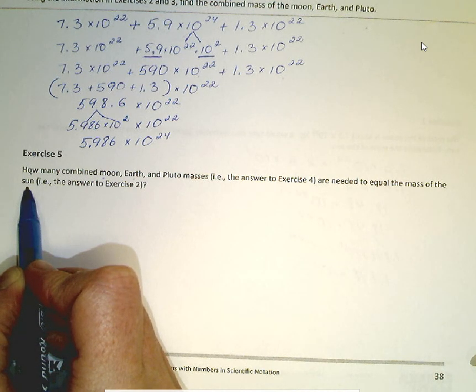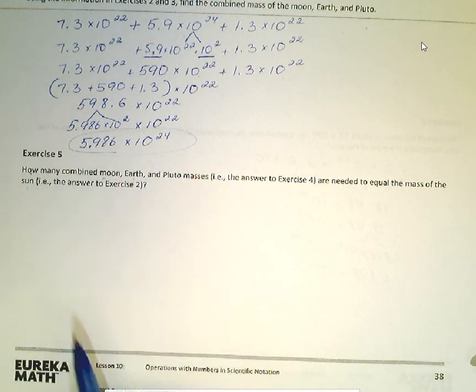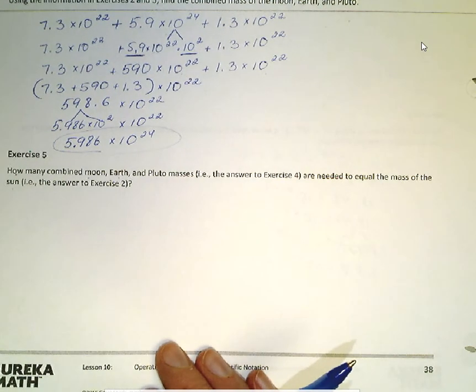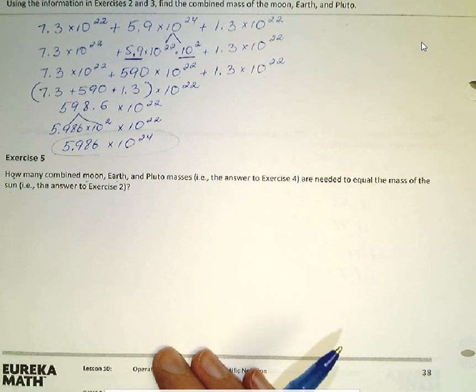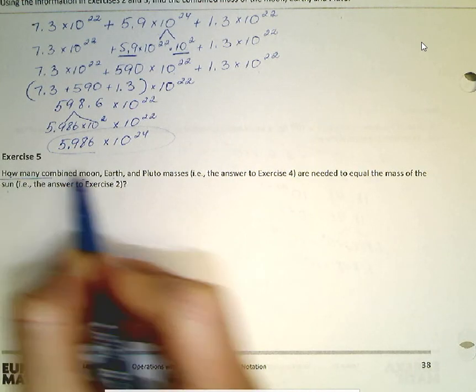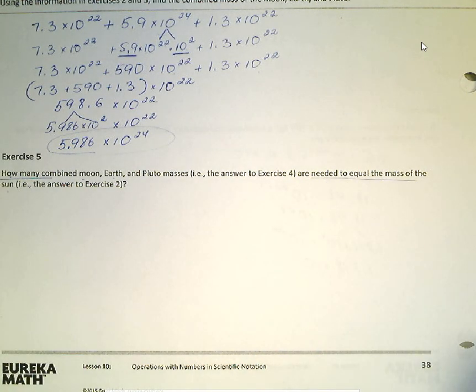So we are using combined mass, which is this one, and we are using the mass of the Sun, which is our answer in exercise 2, which is 1.898 times 10 to the 30th. And we are going to compare them. How do we compare them? They're asking how many can fit into the mass of the Sun.